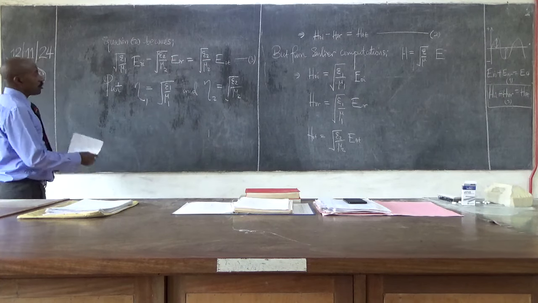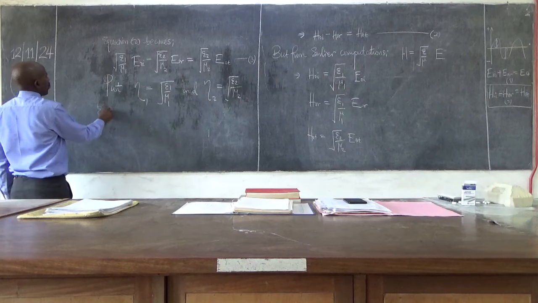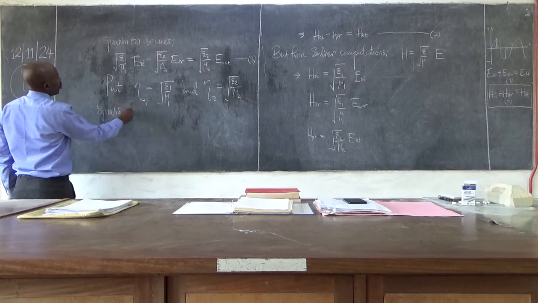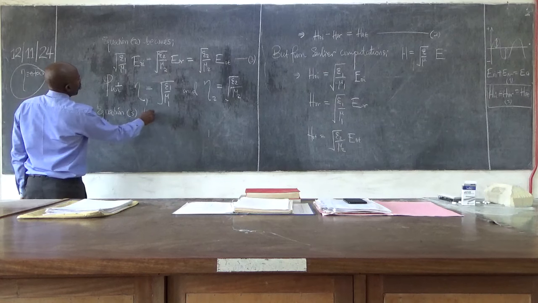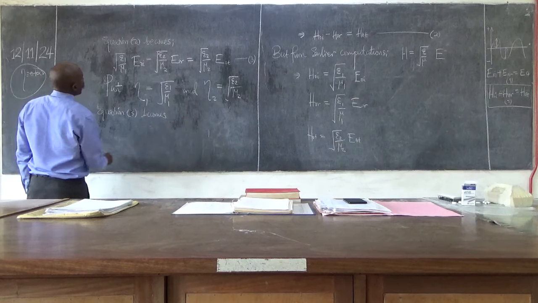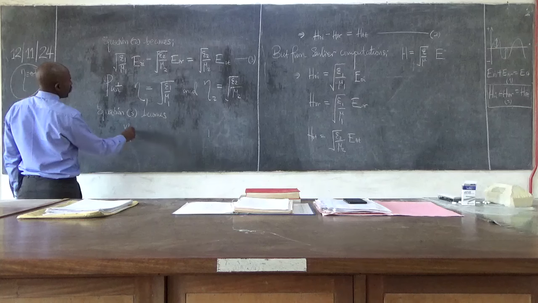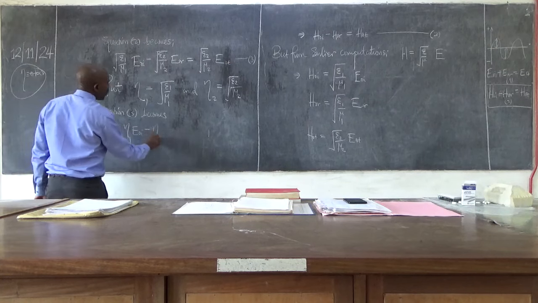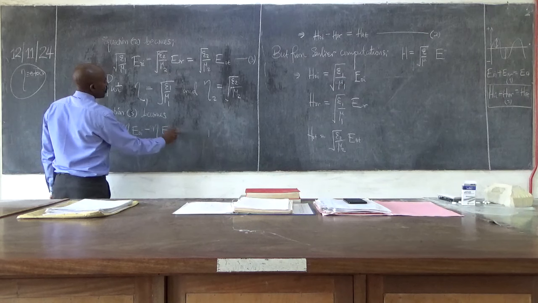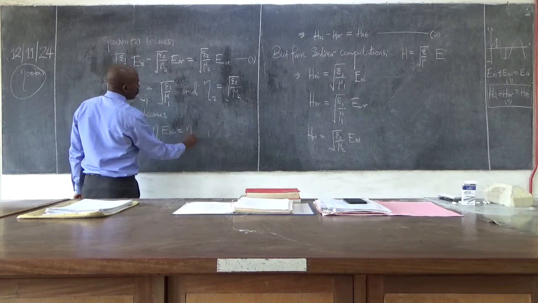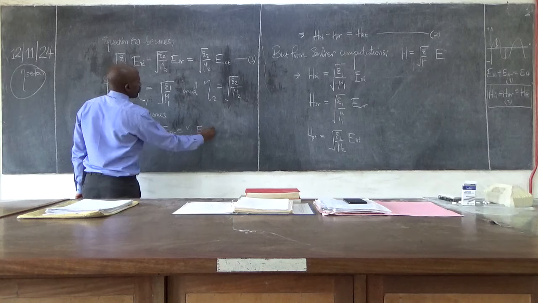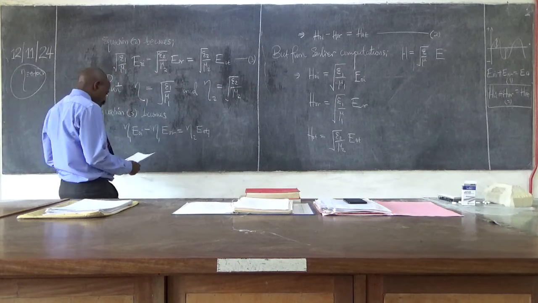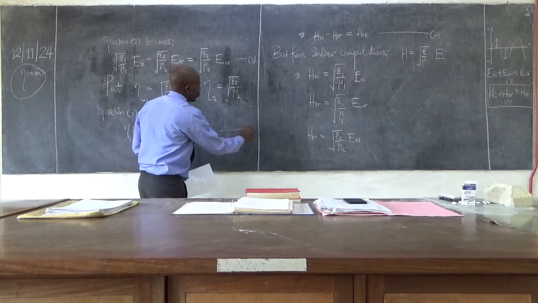And so equation 3 becomes eta 1 in Ri minus eta 1 in Ri equal to eta 2 in Rt. We shall call this one equation 4.